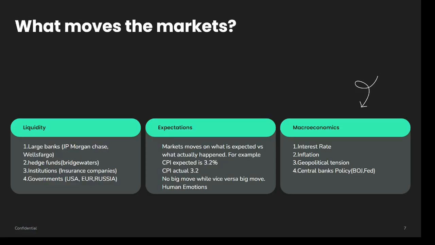Then we have geopolitical tension. Geopolitical tension is like the issue between Russia and Ukraine. Currently, that's what we have. And then let's say China and the US, with the tariffs that are going on.